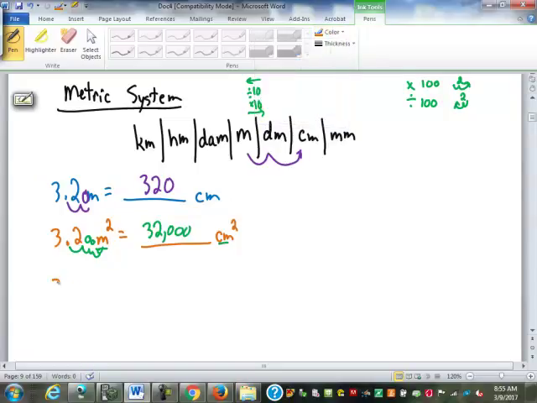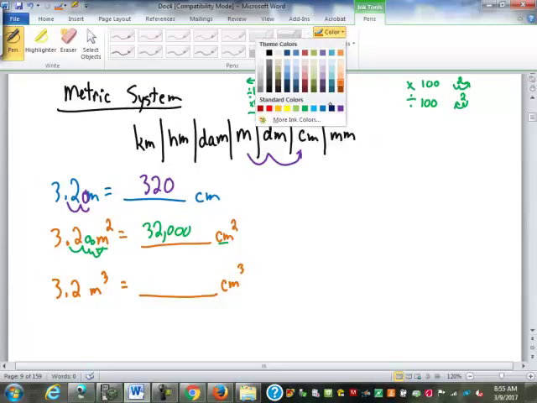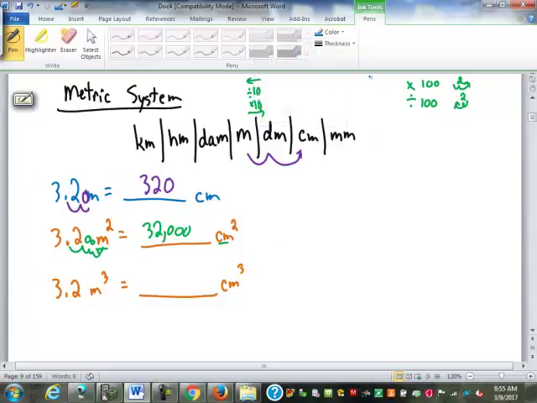What if it was meters cubed and centimeters cubed? It'd be 10 by 10 by 10 or 1,000, which means each place on the chart is 3 spots over.